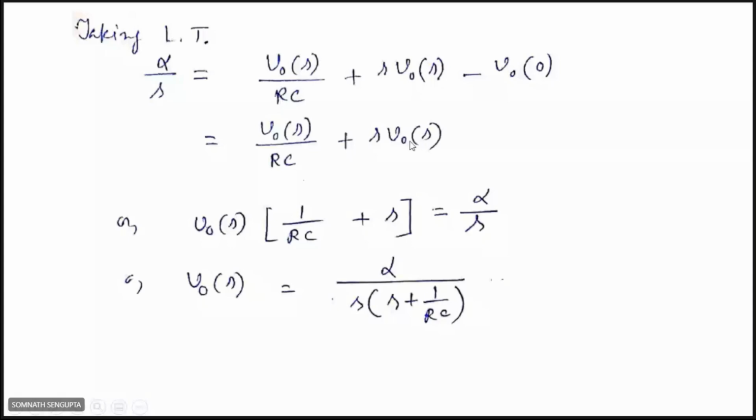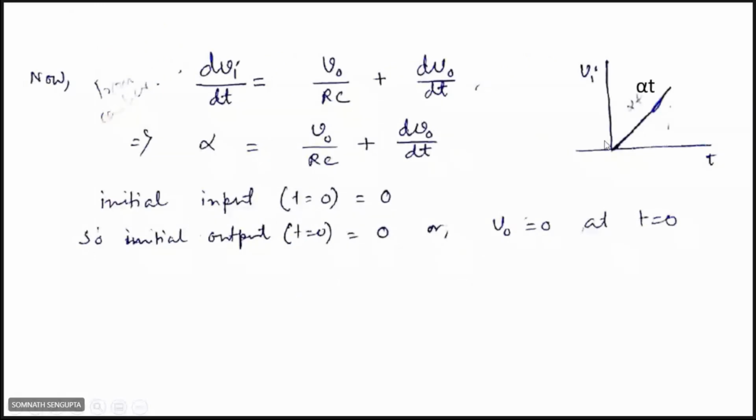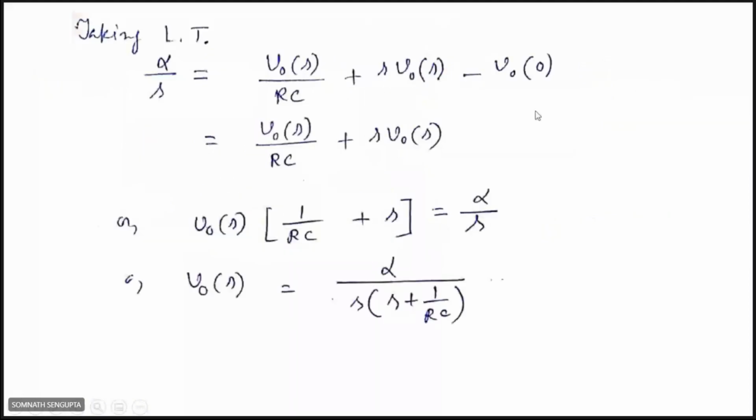The initial voltage would be 0 at t is equal to 0, because it is a ramp signal and it starts from t is equal to 0. So we get v0s into s plus 1 by rc equal to alpha by s. So v0s is equal to alpha by s into s plus 1 by rc. This is the Laplace transform of the output equation.